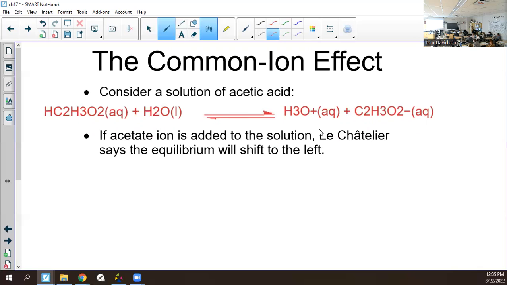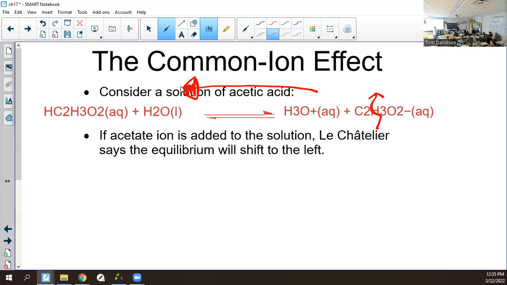This is vinegar. If we increase the acetate, then Le Chatelier's principle says we move this direction. You okay with that? If I increase the acetate, I move left, which means what happens here?